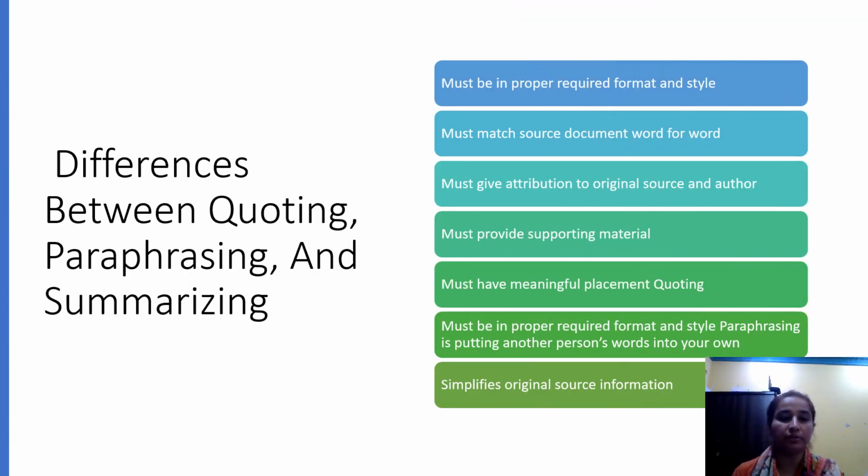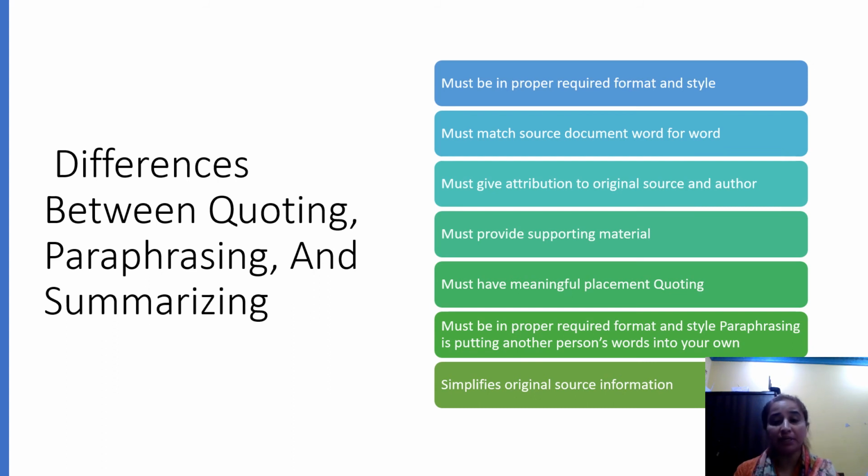Differences between quoting, paraphrasing, and summarizing. Quoting must be in proper required format and style, must match the source document word for word, must give attribution to the original source author, must provide supporting material, and must have meaningful placement.